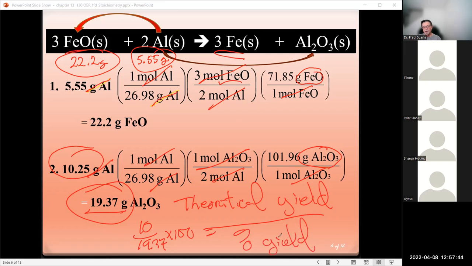And very rarely do you find reactions that are 100% yield. If there is, you're skeptical, it's probably contaminated. But on the average, 70, 80, 90% is good. Okay. So your actual, which you actually weigh out, divided by your theoretical yield, which you calculate like we did here, times 100 gives you the percent yield. Okay.